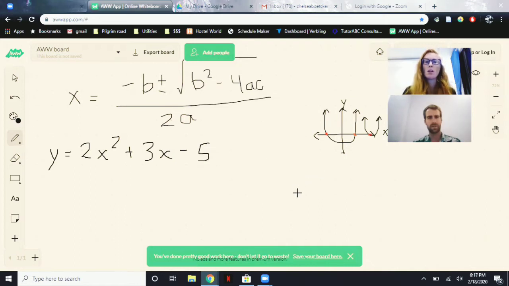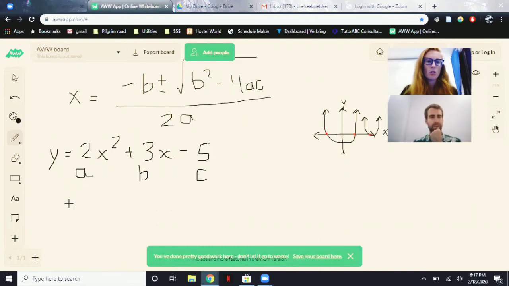We're going to use the above formula to solve for x. The numbers in front of the x's are going to coincide with a, b, and c. So it's ax squared, bx, c. Does that make sense? Yeah.